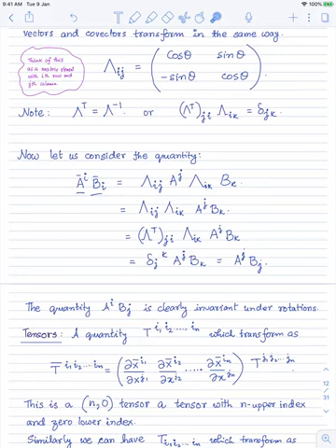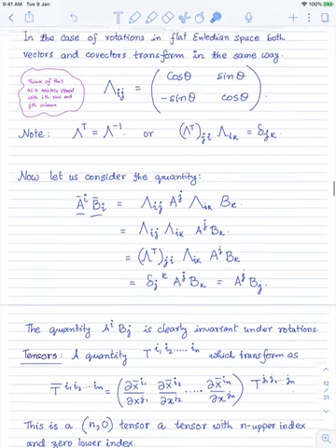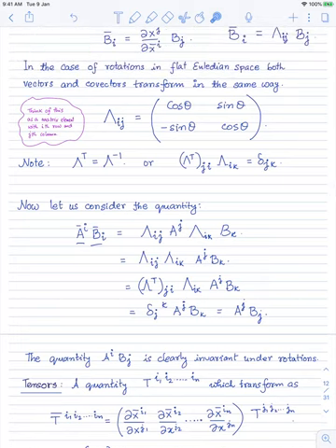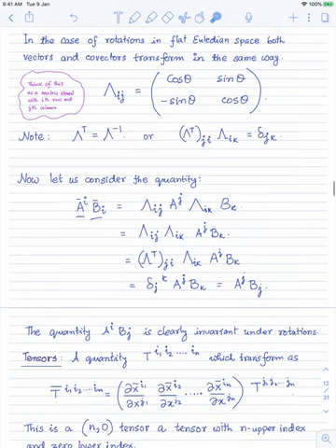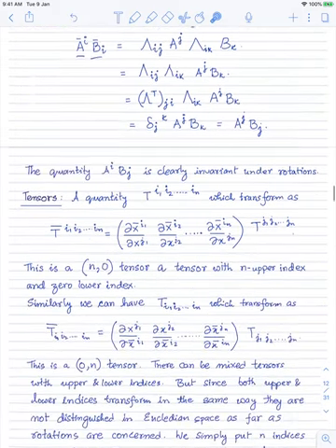That is a different point of view for vectors and tensors. But this understanding is enough, and it is also the right kind of understanding: vectors and tensors through their properties under rotations, how they transform. That is how vectors and tensors are defined.